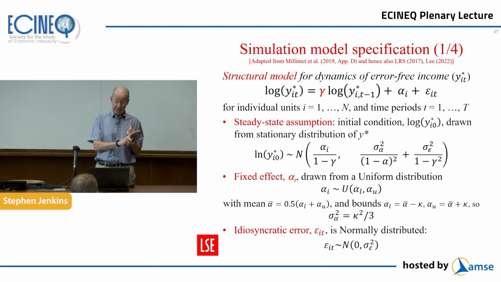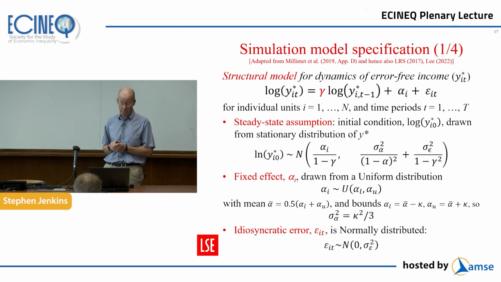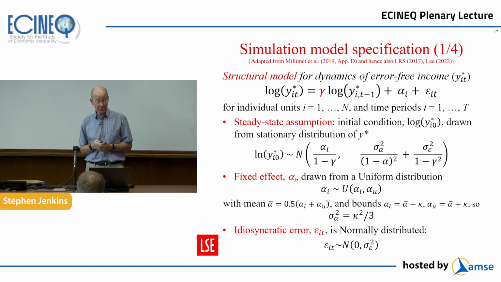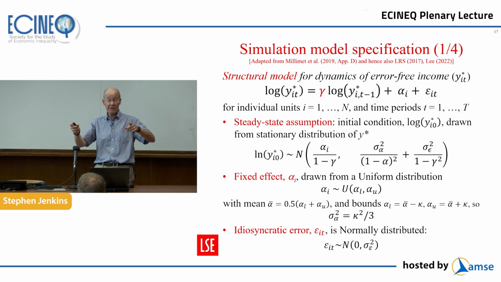First assumption is that the model is in its steady state, so everything's turned over time, and basically an assumption of log normality. That means the initial distribution of income is normal with mean and variance as set out there. So already we're seeing parameters appearing, and we're going to be calibrating those later on.